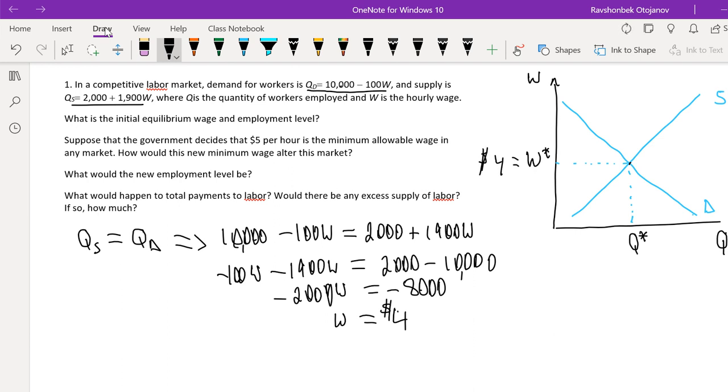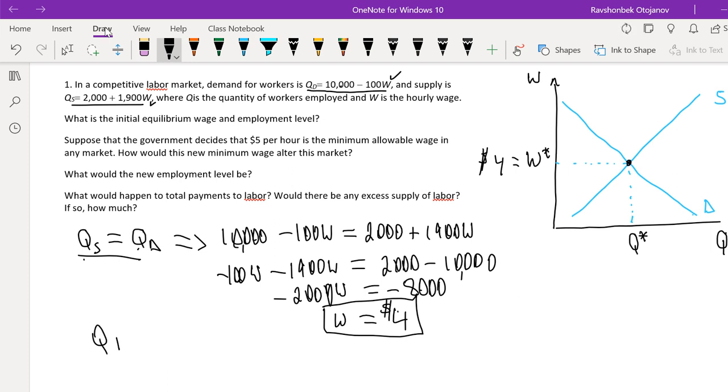So what is the employment level at the equilibrium wage? At that wage level, the equilibrium is found by plugging this result into either this equation or this. It doesn't matter which one you plug the value into, because at the equilibrium point quantity supplied equals quantity demanded. So let's use the demand equation.